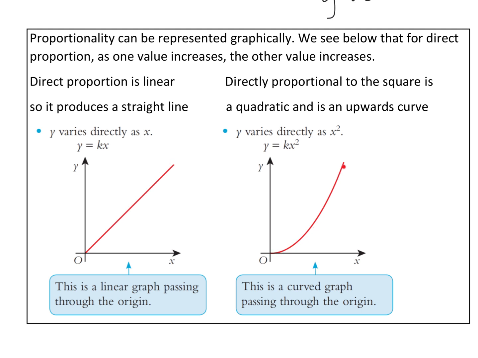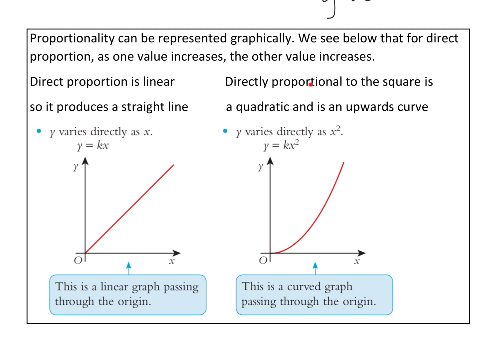And same for this one here, just at different rates because it's going at different gradients. Now direct proportion, it just says direct proportion, it doesn't say the square or the cube, but just direct proportion is linear, so it produces a straight line. So y varies directly as x, or y is equal to kx. This is a linear graph passing through the origin.